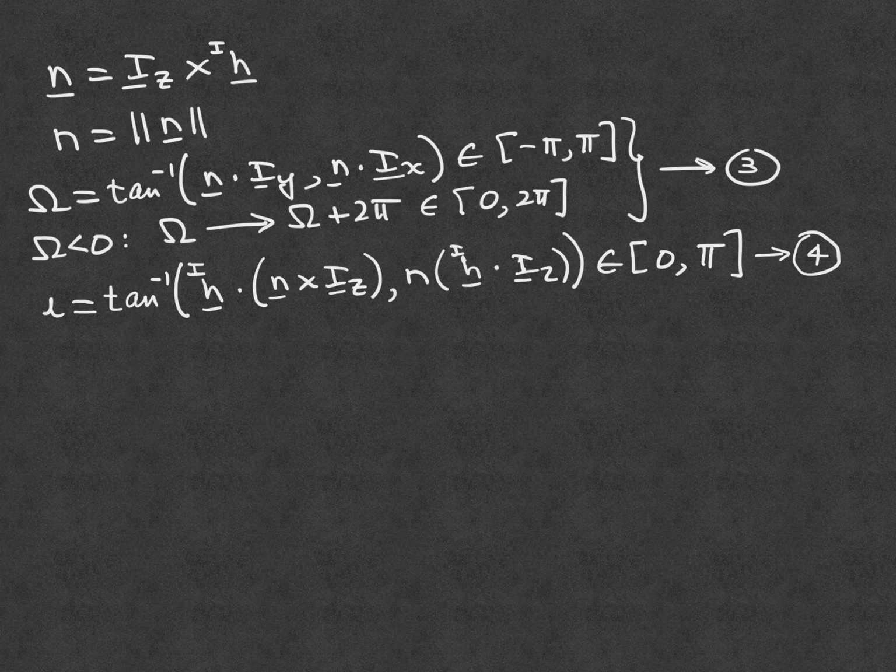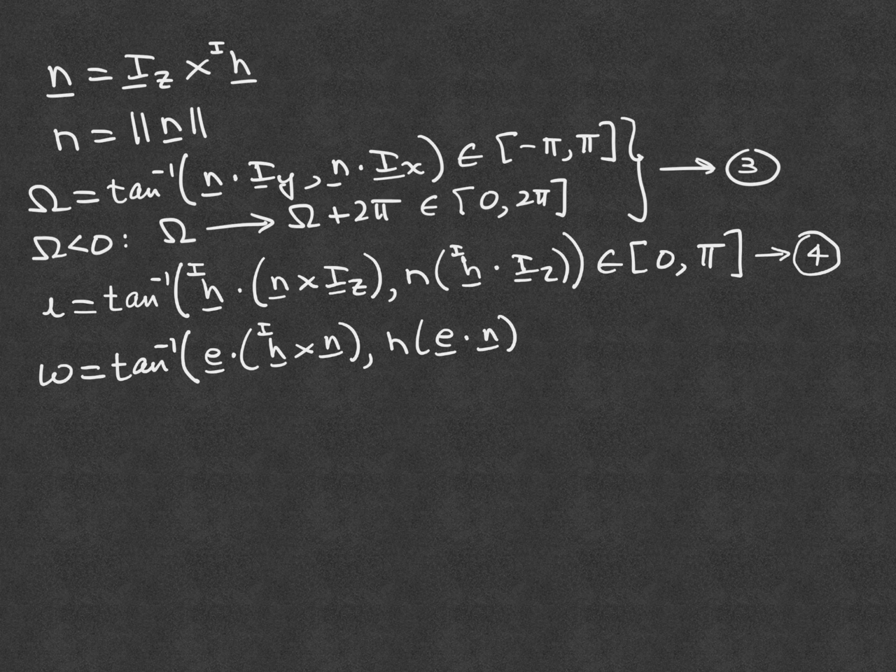The next orbital element is the argument of the periapsis, which is equal to the four-quadrant inverse tangent of E dotted with HI crossed with N, and the magnitude of HI, which is H, times E dotted with N. Now this angle is again on negative pi to pi.